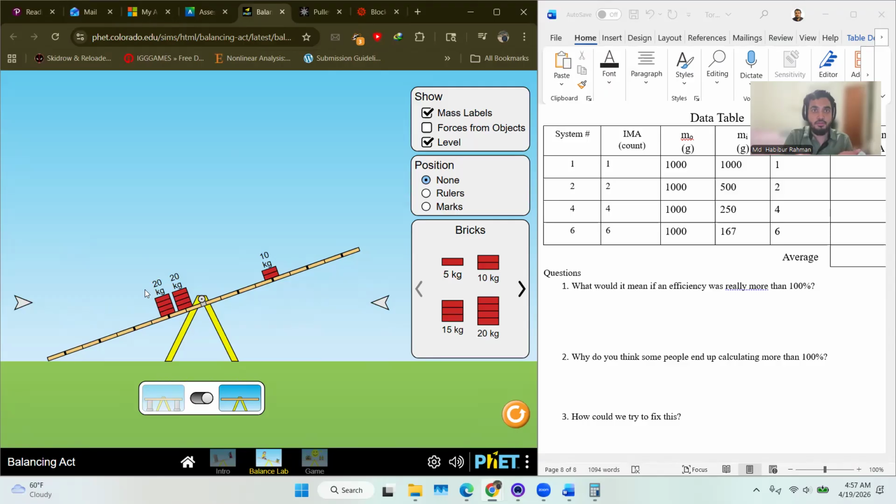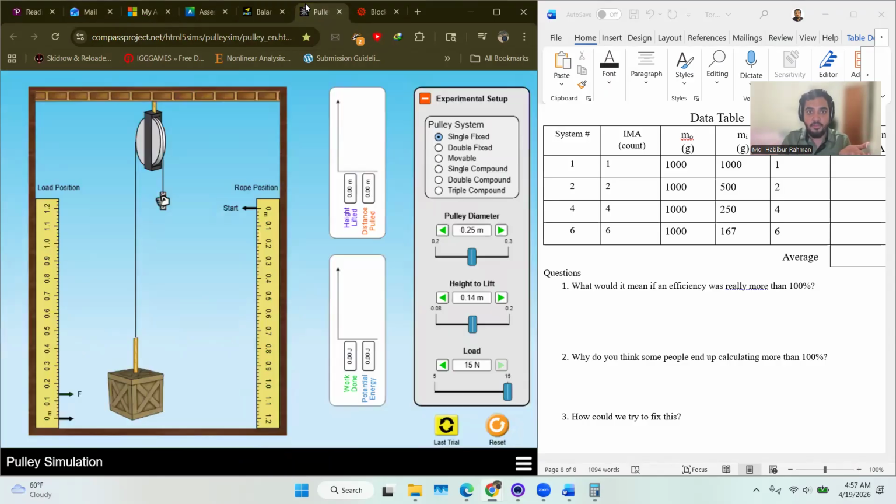So you have to find the mass on the right side. If I do it in the lab, I'll show you the video. When they're balanced, then it will give you the proper result. I was doing it in the hands-on lab, and it was giving me proper results.